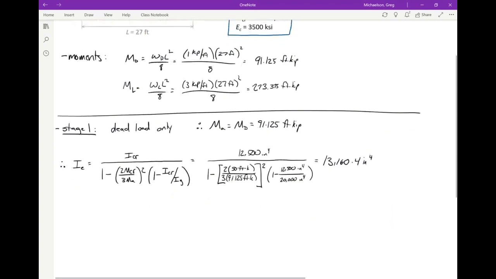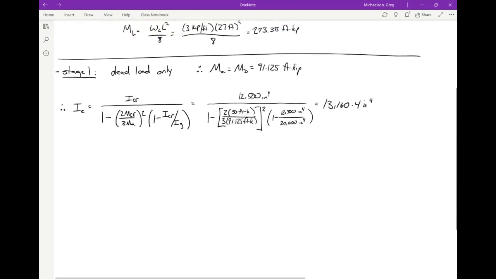All right. So if you've got that, then your deflection due to the dead load is, and this is our basic structural analysis formula, 5WL to the fourth over 384 EI. E is the modulus of elasticity of concrete.